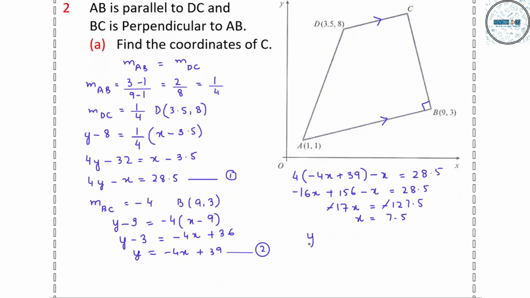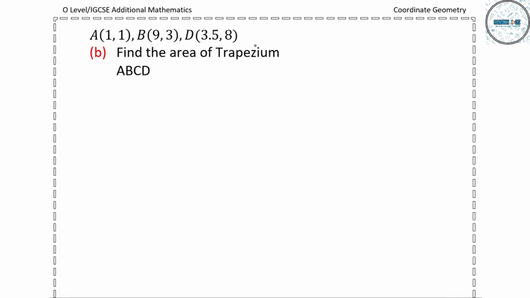So y is equal to minus 4 into 7.5 plus 39, which is minus 30 plus 39. So y is equal to 9. So the coordinates of C are 7.5, 9.